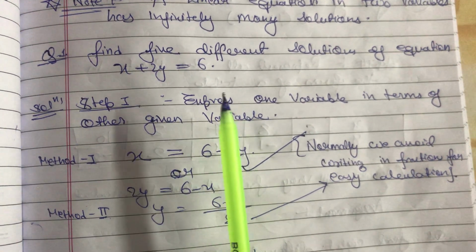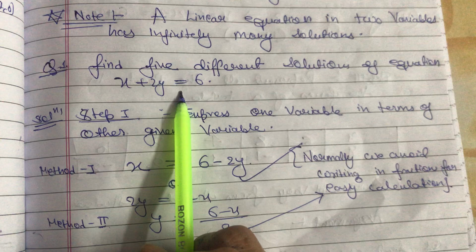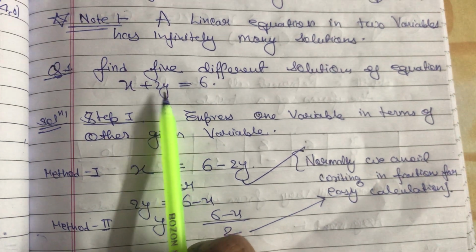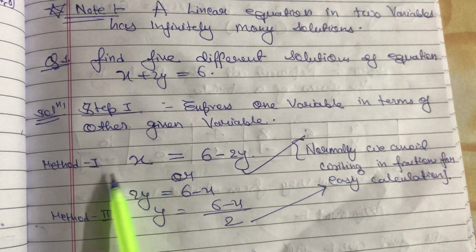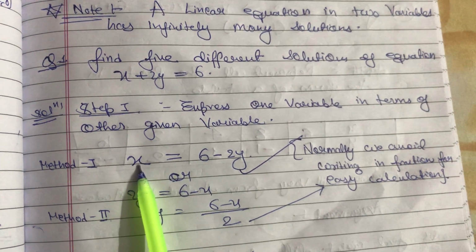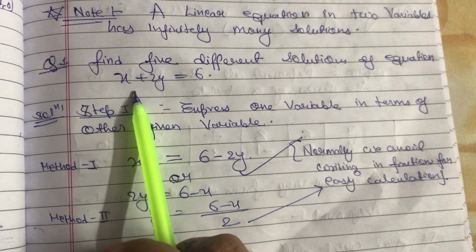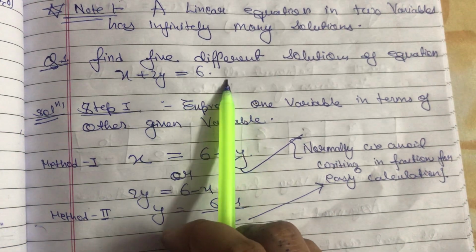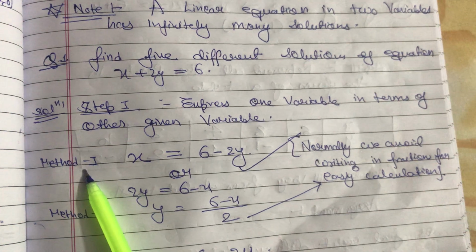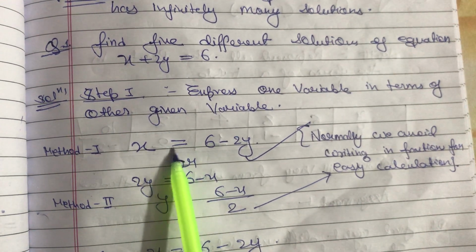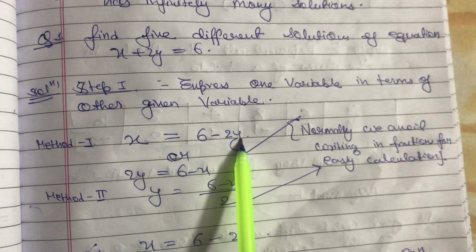Now here you have two options. As we have two variable, there are two ways to express. Method number 1 is that I can write x in terms of y. If I shift this 2y to the RHS side, it will become minus 2y. So x equals to 6 minus 2y.